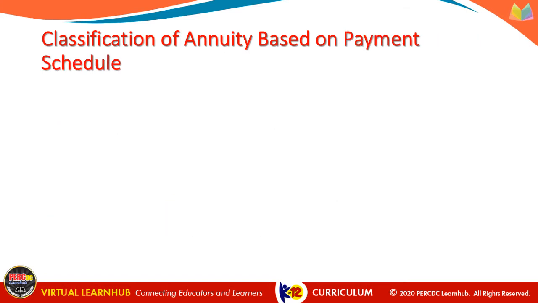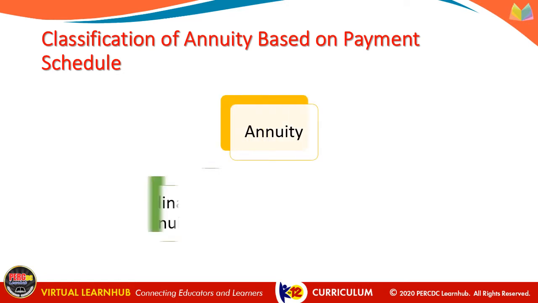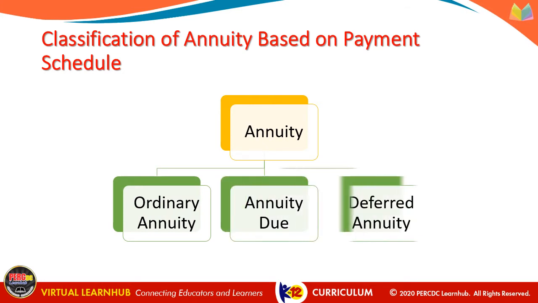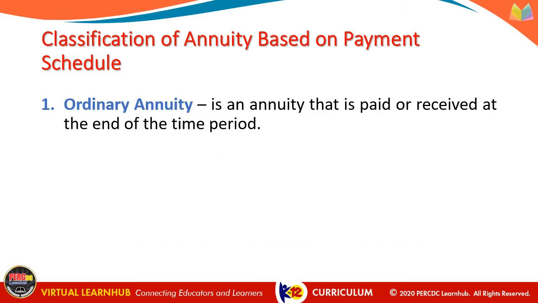Annuity can also be classified based on payment schedule. Based on payment schedule, annuity can be ordinary annuity, annuity due, or deferred annuity. Ordinary annuity is an annuity that is paid or received at the end of the time period.